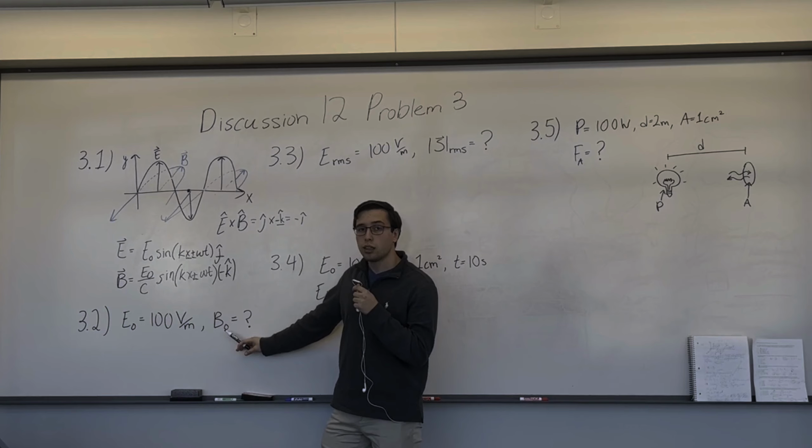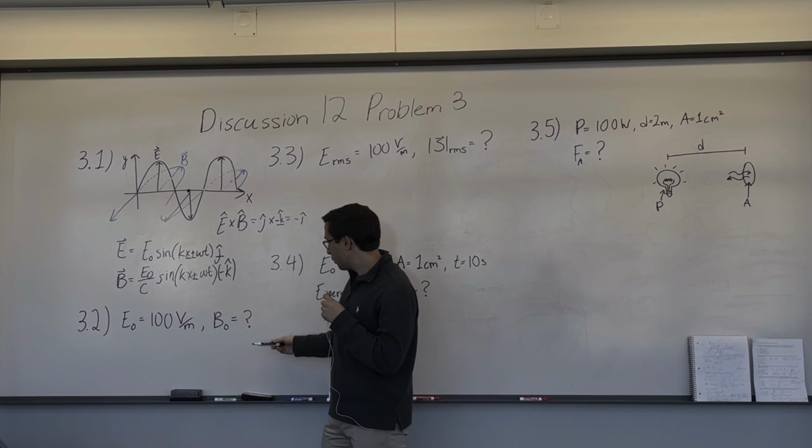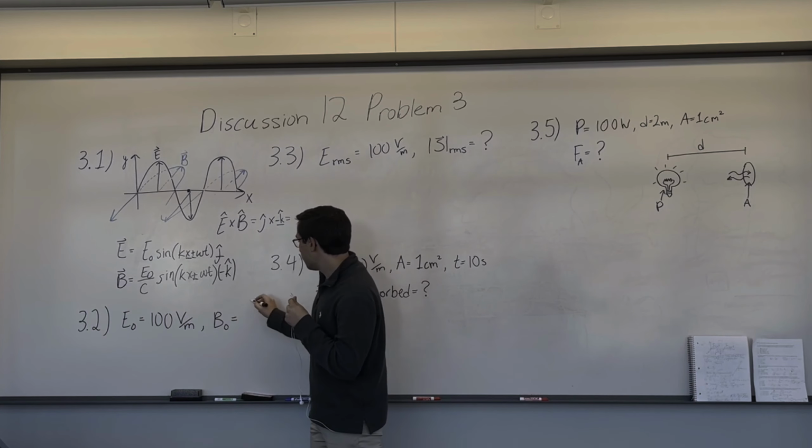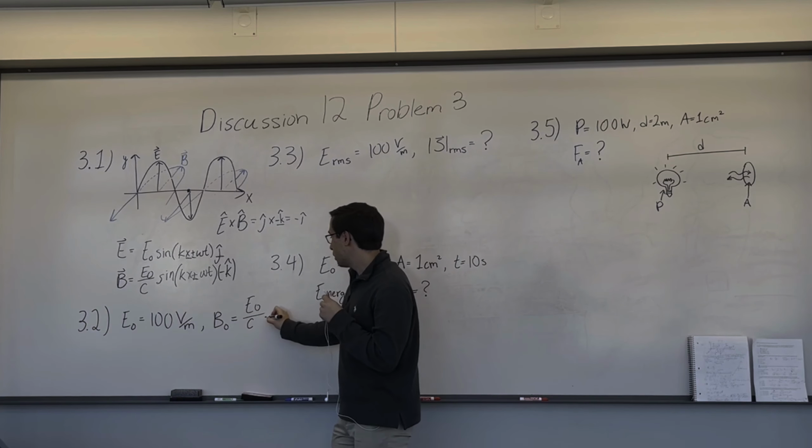And that's exactly what we were just doing at the end of that last problem. And so to find this, we're just going to divide our electric field amplitude by the speed of light.